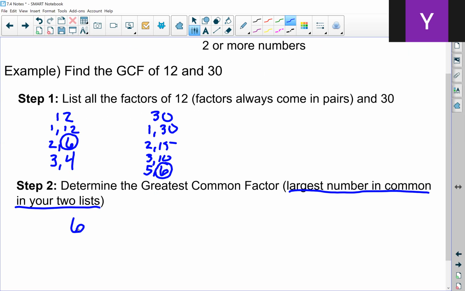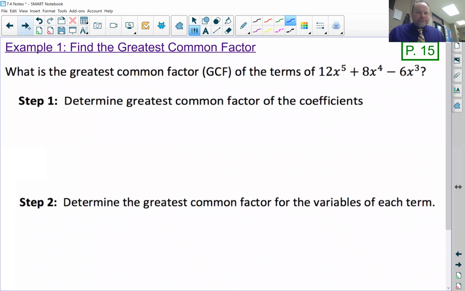So part of what we will be doing is finding the greatest common factor for our coefficients, our numbers in front of our variables, but also determining if we have a variable as our greatest common factor. So here we have 12x to the 5th plus 8x to the fourth minus 6x cubed.